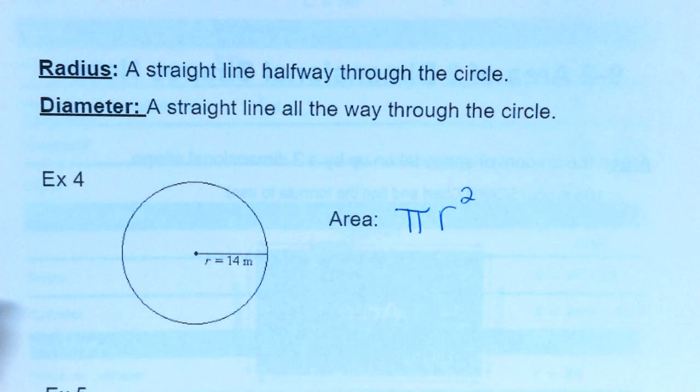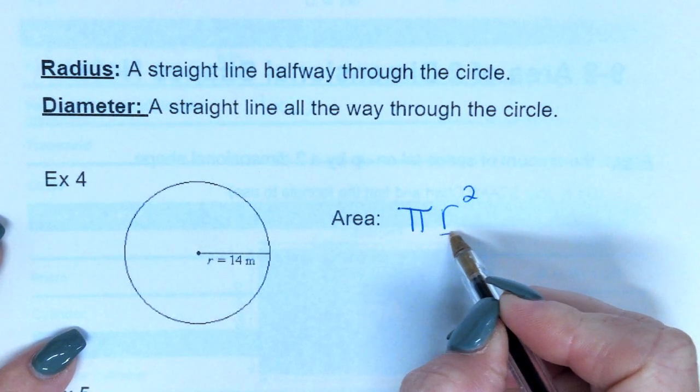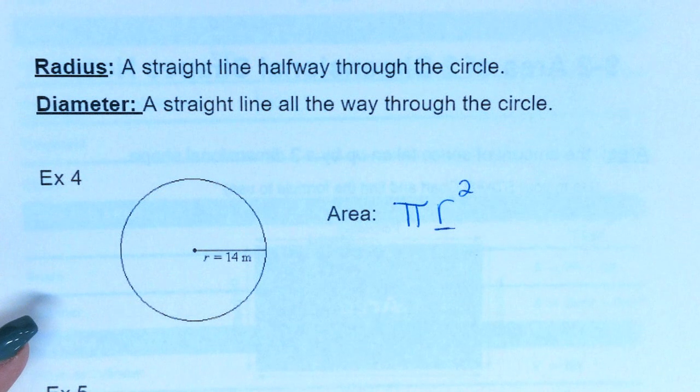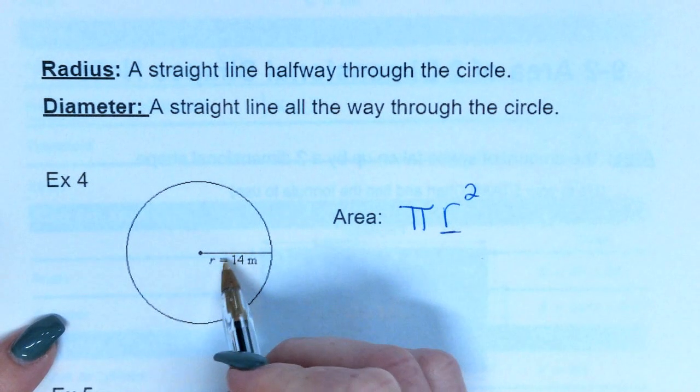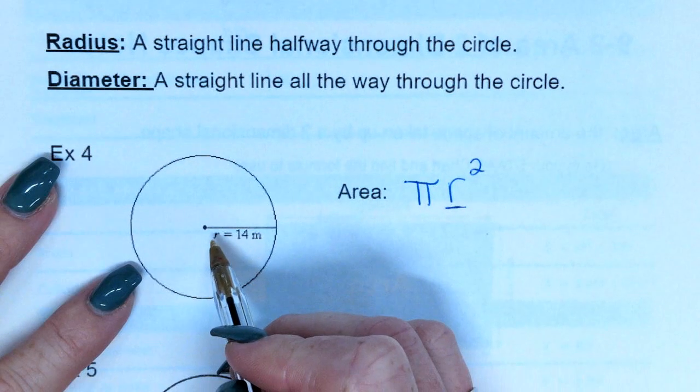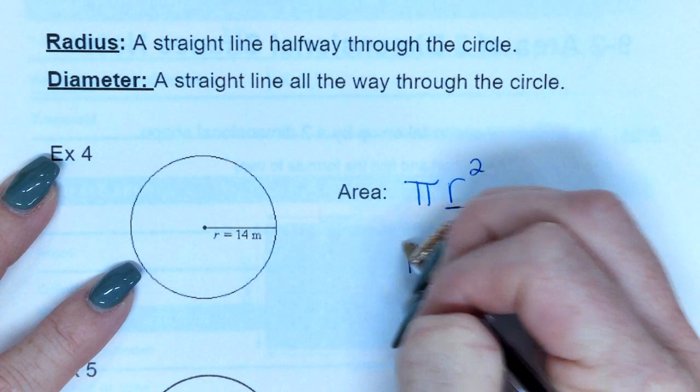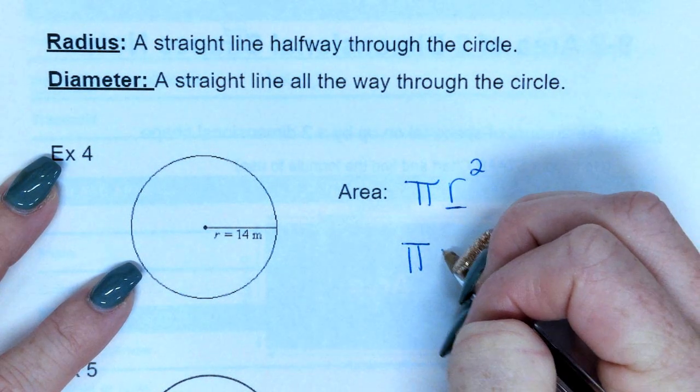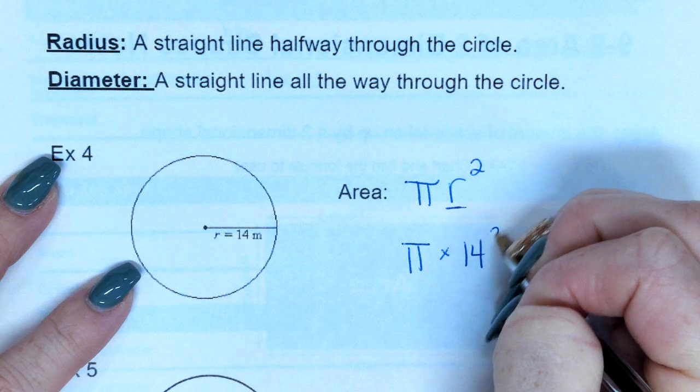And what's awesome is your calculator is going to do all the work, where in 7th grade you had to do it all by hand. All right. Does the formula ask for radius or diameter? So did this circle give me the radius? So all I'm going to do is pi times 14 squared.